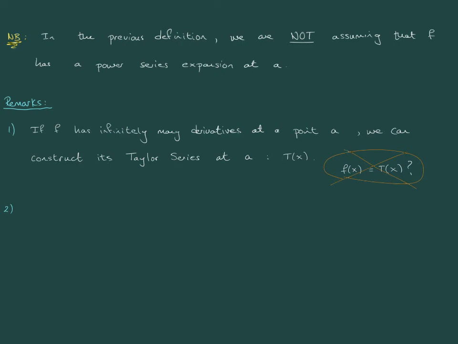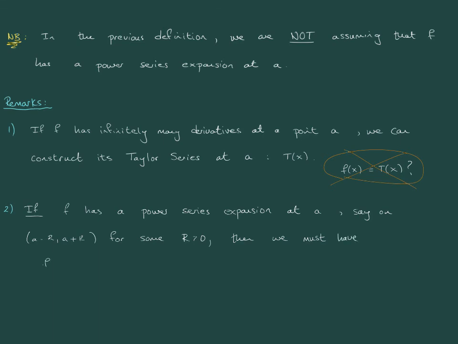Second remark, if f does in fact have a power series expansion at a, so it's a big if, but if f has a power series expansion at a, say on the interval a minus r to a plus r for some positive number r, then we must have f of x equals T of x equals sum from 0 to infinity f differentiated n times evaluated at a over n factorial times x minus a to the n on this open interval.